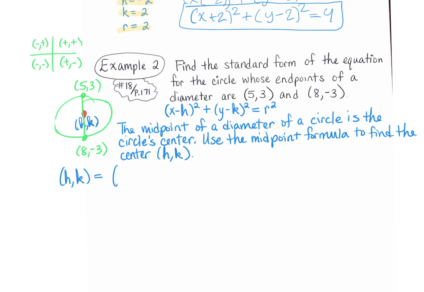You remember how to find the midpoint? It's (x1 plus x2 over 2, comma y1 plus y2 over 2), in parentheses. Very good.